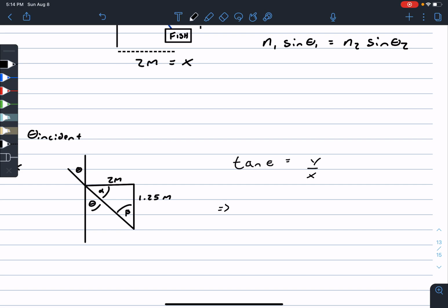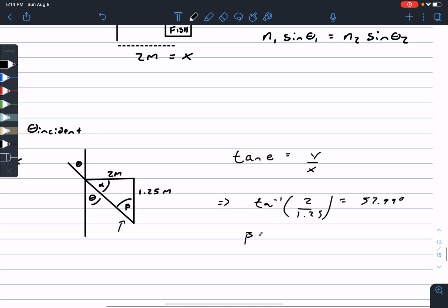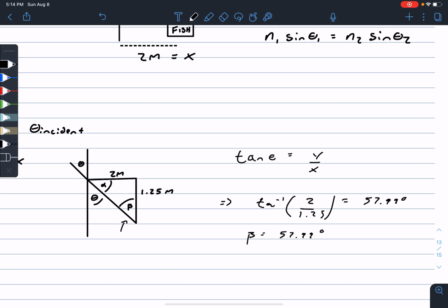If we're solving for beta, then we're going to have tangent inverse of 2 over 1.25. That gives us a value of 57.99 degrees. So beta equals 57.99 degrees.